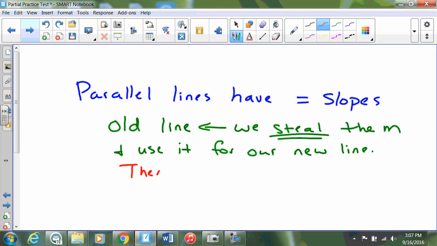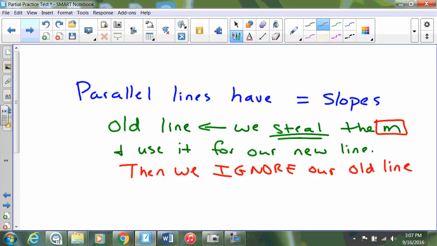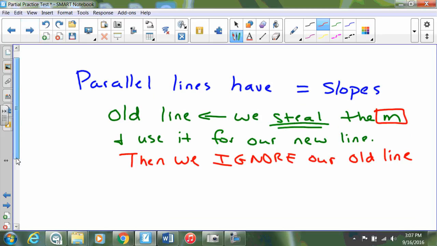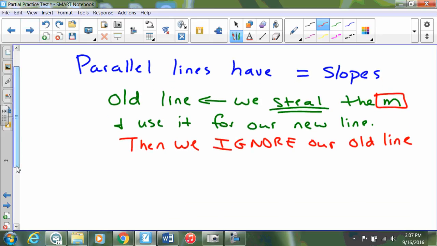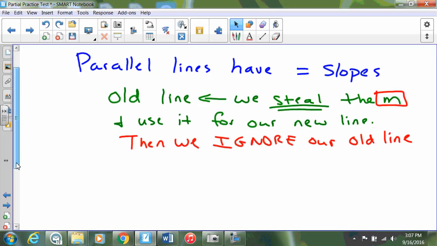Then we ignore our old line. So if they give me a line, I call that the old line. We're just going to steal the slope. We're going to steal the slope, and then we're going to say, see you later. We don't need you, old line. I know it sounds like we're being mean mathematicians, but that's the way it is. So I'd like to see this written down on the back of your partial practice test.